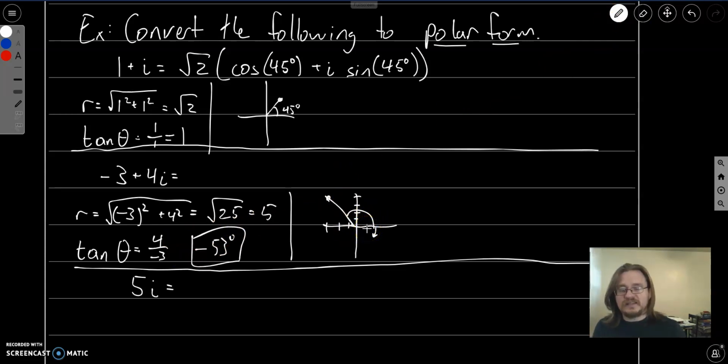Well, the tangent repeats itself every 180 degrees. So I'm just going to take negative 53 and add 180 degrees to it to get 127. And this is the angle that I will plug into here. And I'll do that in the next short video.